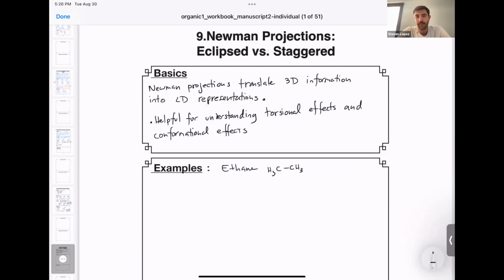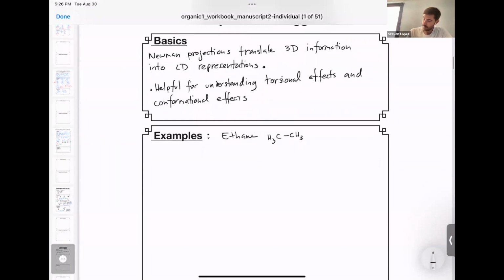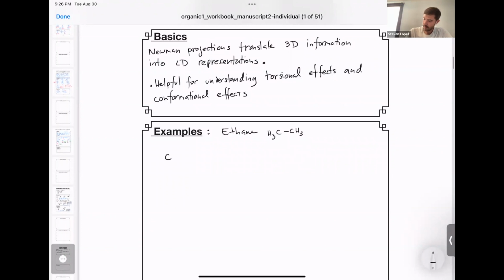So we'll start out with a relatively straightforward molecule, ethane. I'm going to convert this formula into a 3D structure. So this is one conformer of ethane.